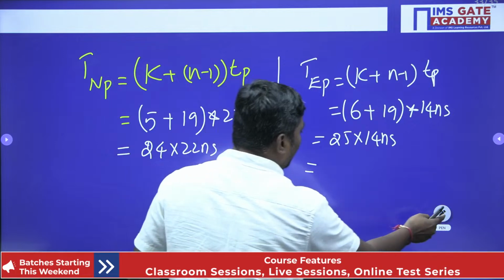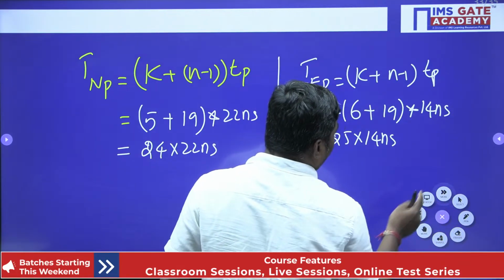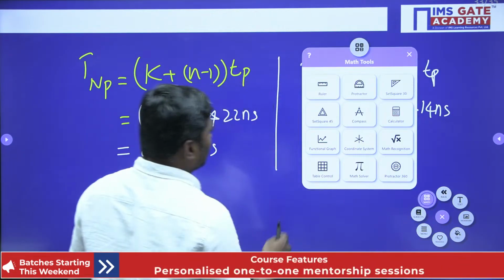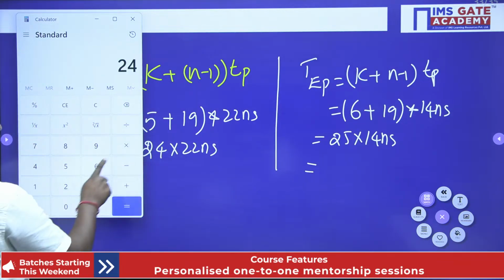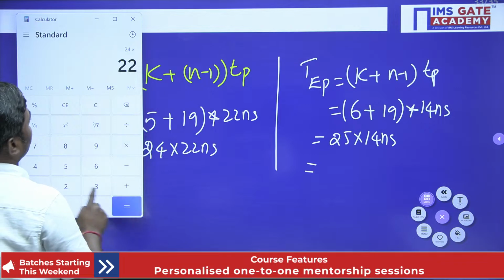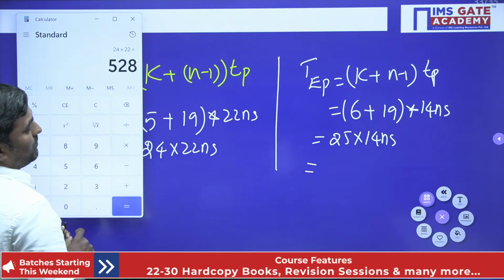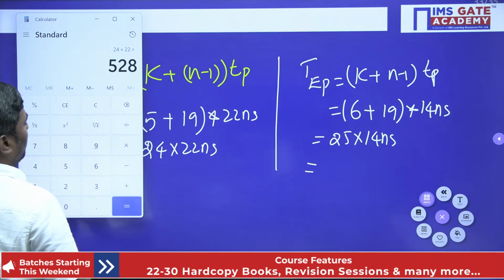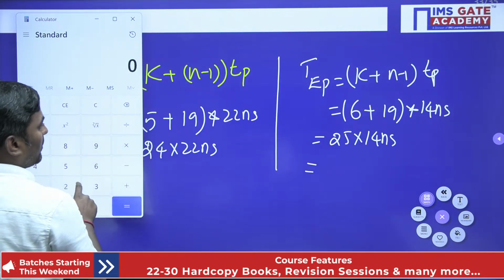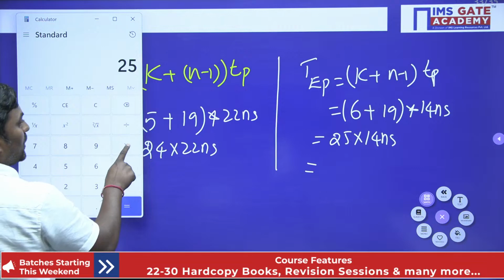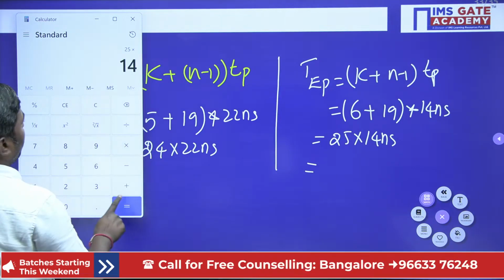What is the value? You can comment. So 24 into 22 is 528. This is 528 divided by 25 into 14.